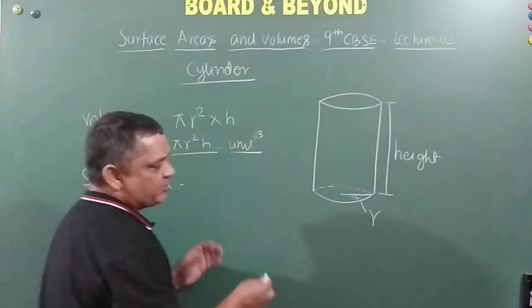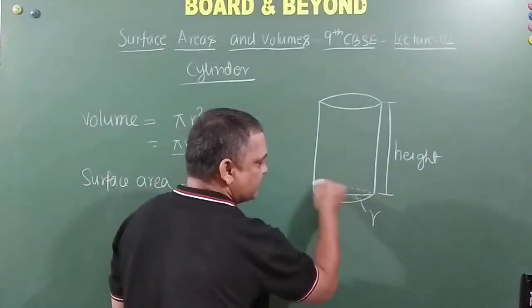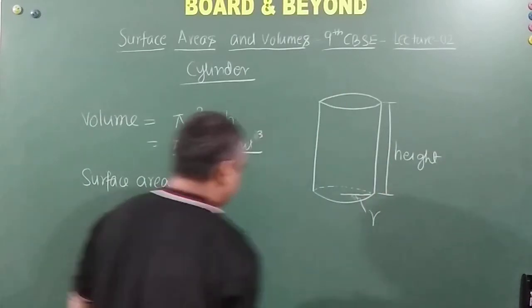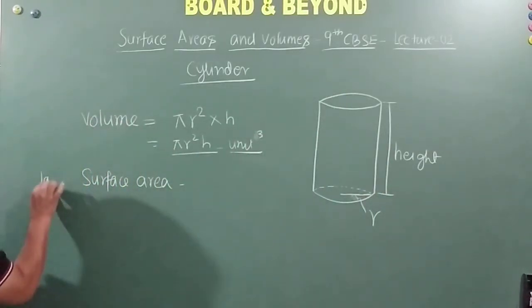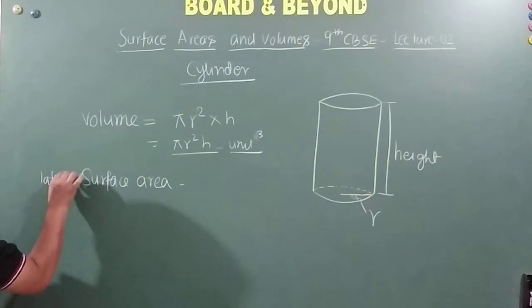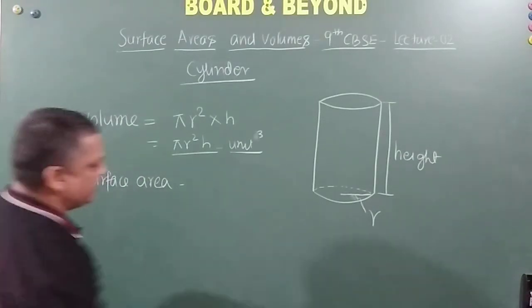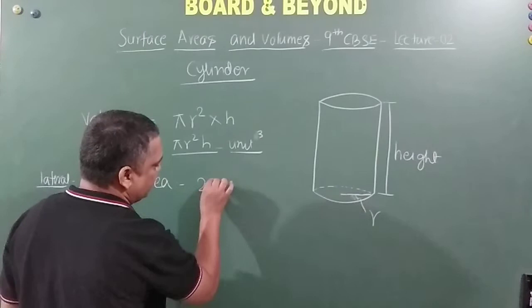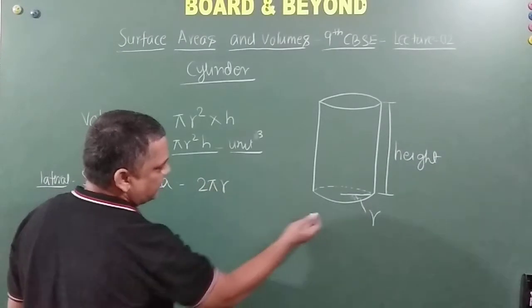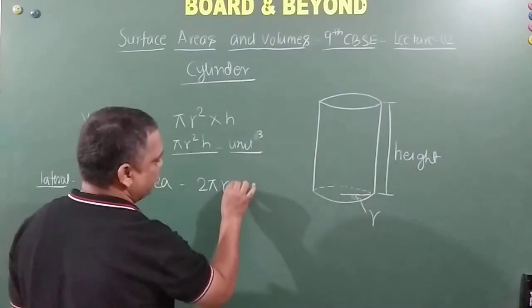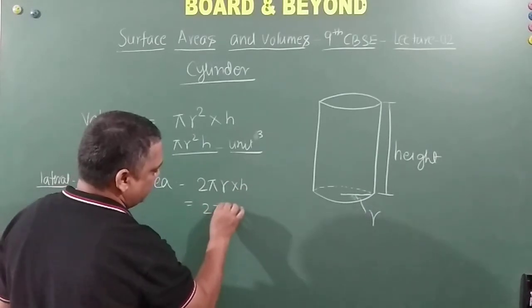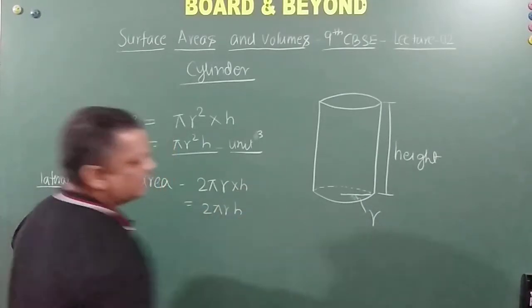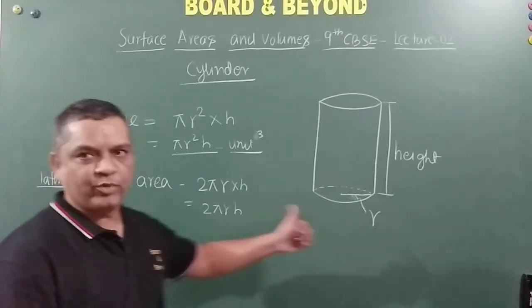So on the perimeter of this circle, this height is raised. So lateral surface area will be nothing but 2 pi r, this is the perimeter of the circle, into h, is equal to 2 pi r h. That is the lateral surface area. You are getting my point?